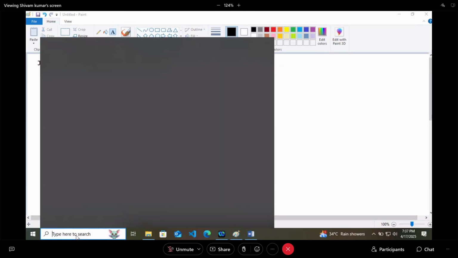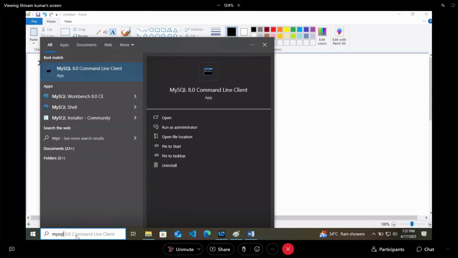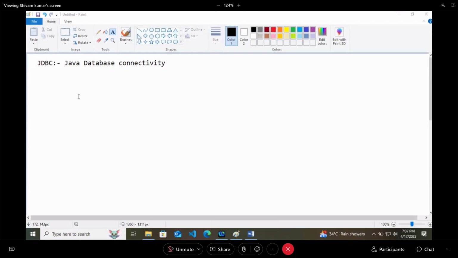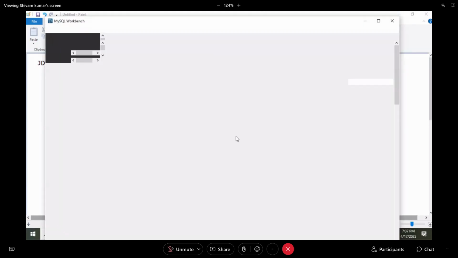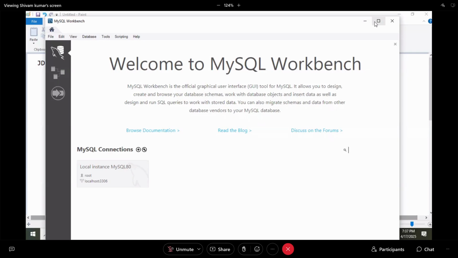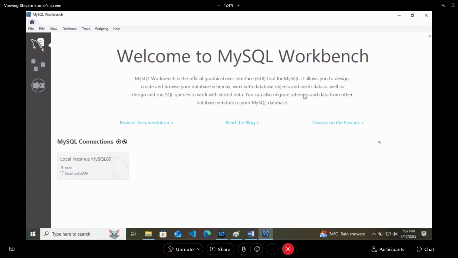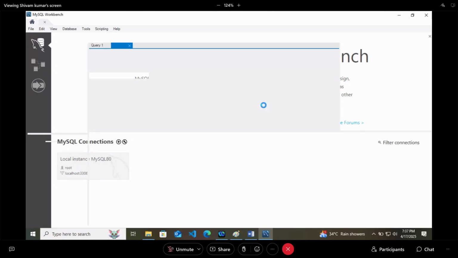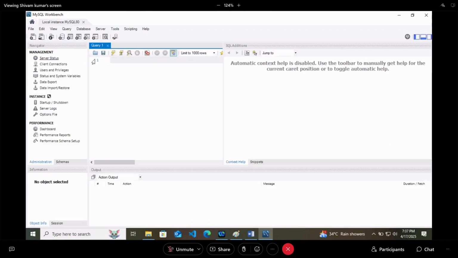As it is already installed in my system, when I teach you this I will show you the installation also. As of now, you can see the database. So this is how MySQL is looking, and these are the things inside my database, right?